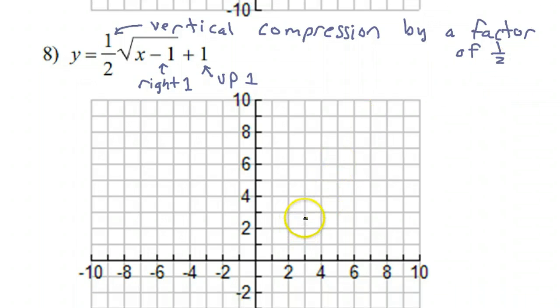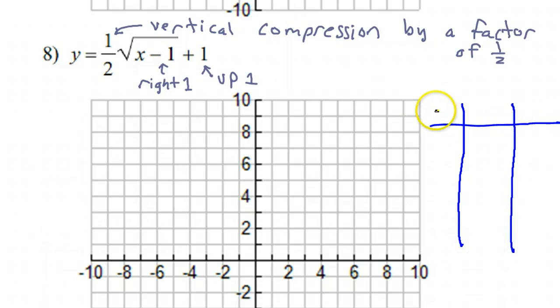Anytime we have an a value to deal with, I recommend making a new chart. First we will use our usual x values, then we will have the parent function, and then we will apply the a value to that.